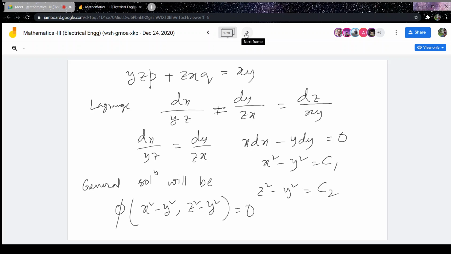Okay, solve this one: zx p plus zy q is equal to xy.